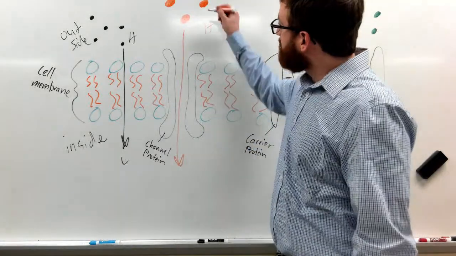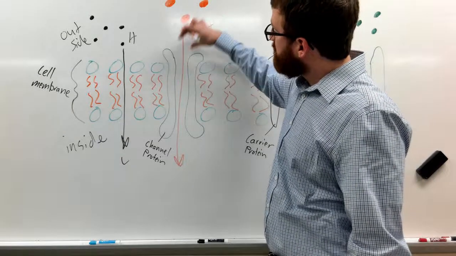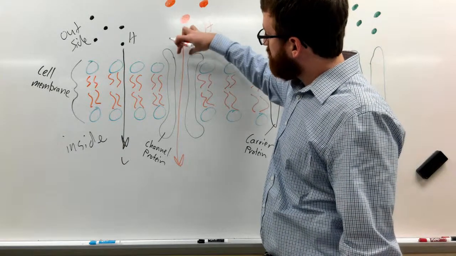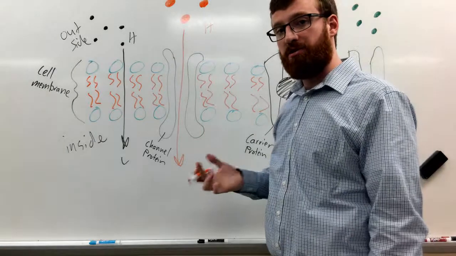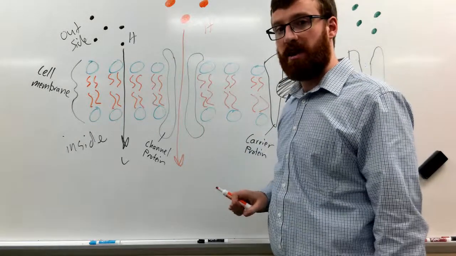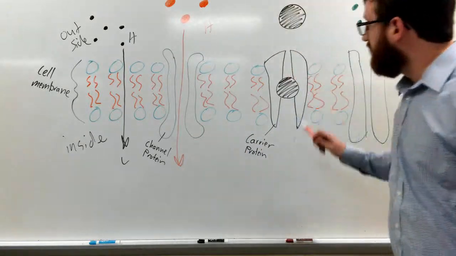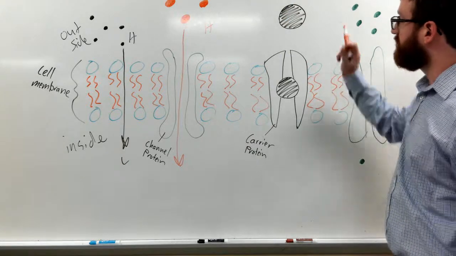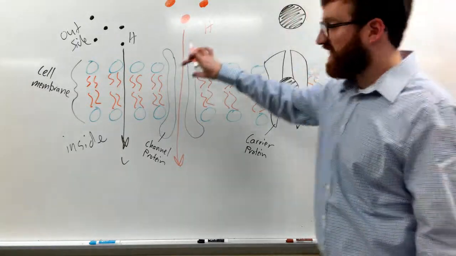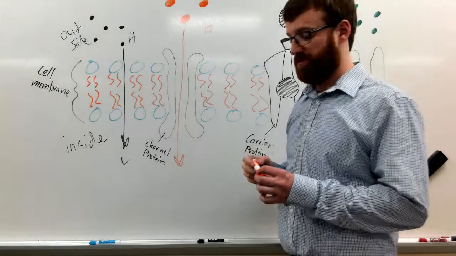These proteins give these molecules the space they need to actually go through the membrane and into the cell. Okay, next we have carrier proteins. We have really big molecules that can't even fit through the channel, or the tunnel.